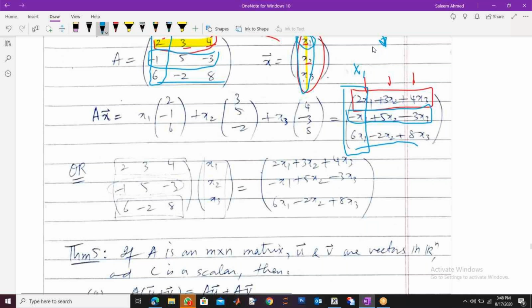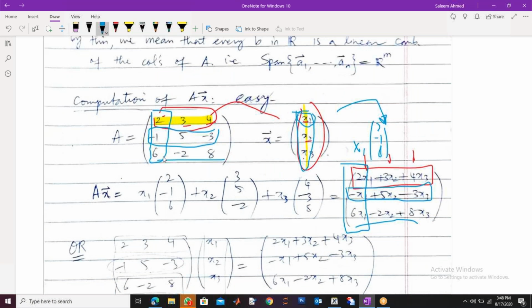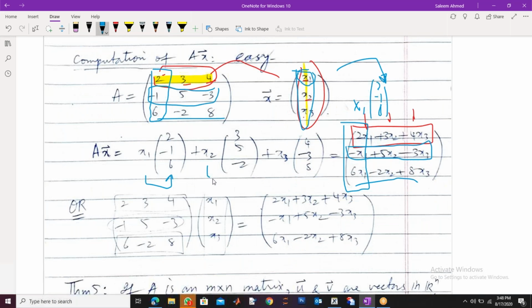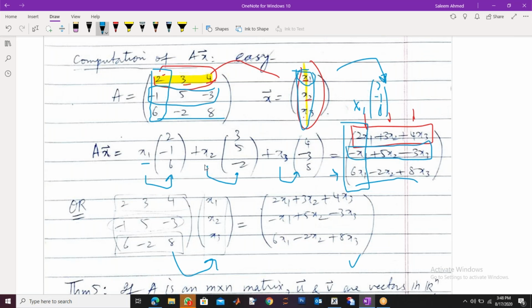You can multiply x1 with the first column, x2 with the second column, and x3 with the third column, and then add, and you get exactly the same thing. So either you multiply it directly and get the same right hand side, or you multiply the columns by these three real numbers x1, x2, x3 to get the right hand side.